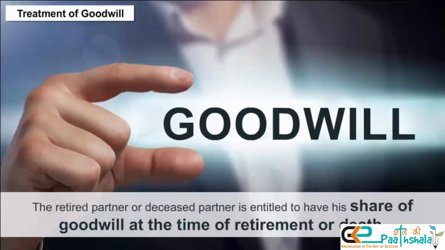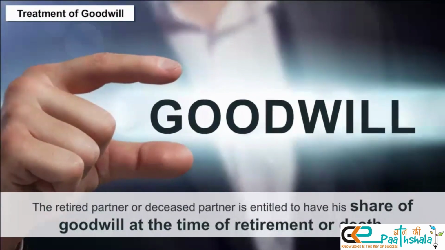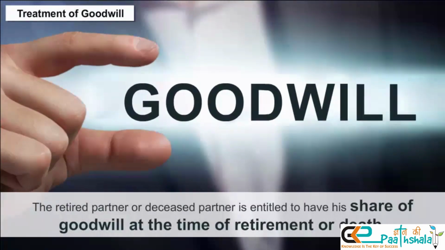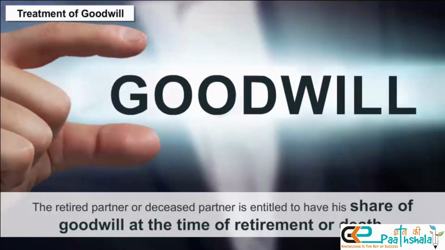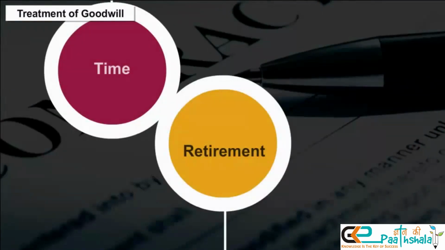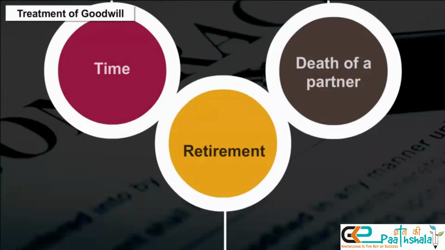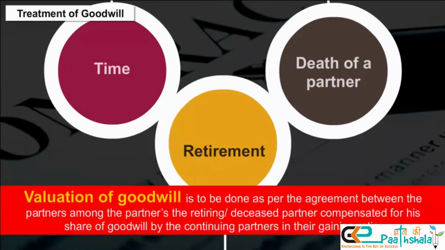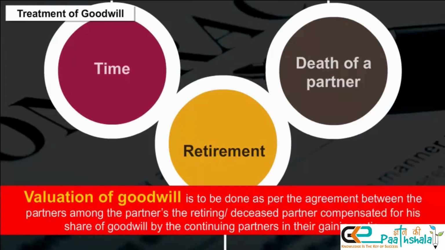Treatment of goodwill. The retired or deceased partner is entitled to his share of goodwill at the time of retirement or death. So, at the time of retirement or death of a partner, valuation of goodwill is to be done as per the agreement between the partners.